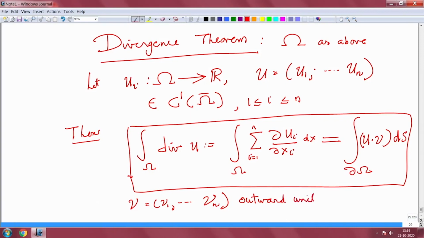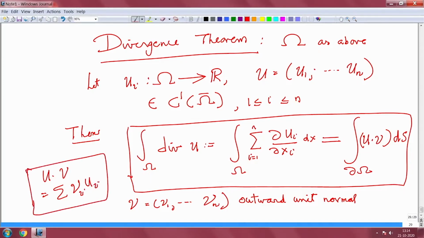We are assuming that we take domains which have an outward unit normal as a function of x. And u dot nu is of course the summation of nu_i u_i.